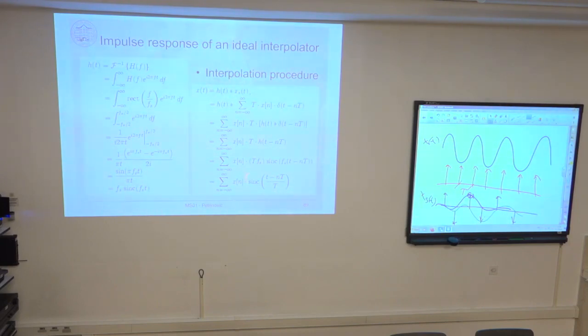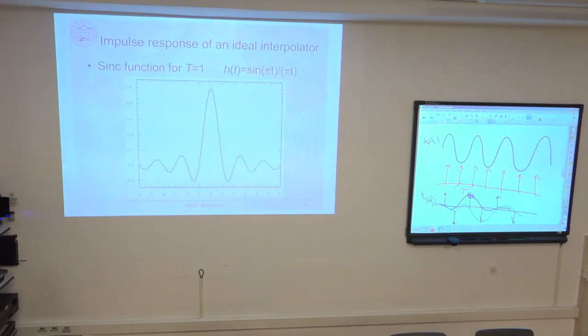Normalization over t because it is normalized sinc. And this sinc function is defined as sine of pi times t over pi times t. Very simple function. Of course, you should ask yourself what happens at t equal to 0, because you have sine of 0, which is 0, and in the denominator again 0.